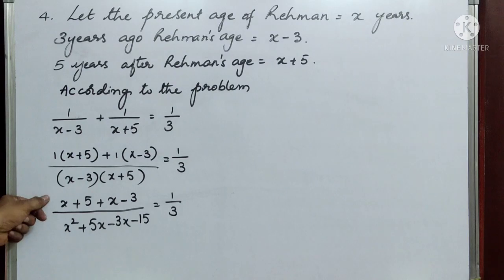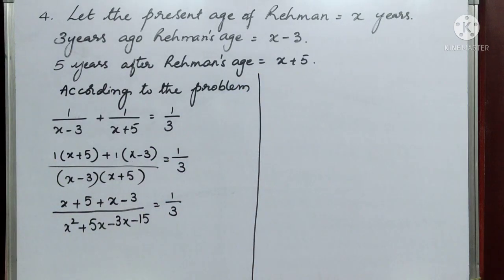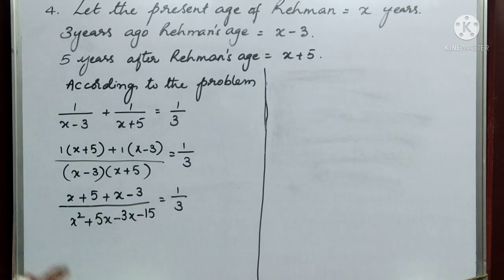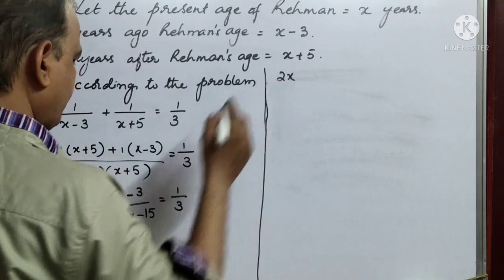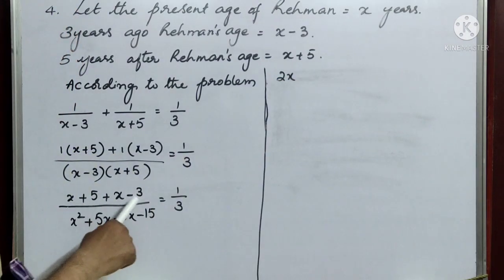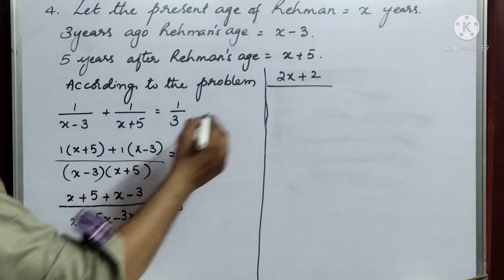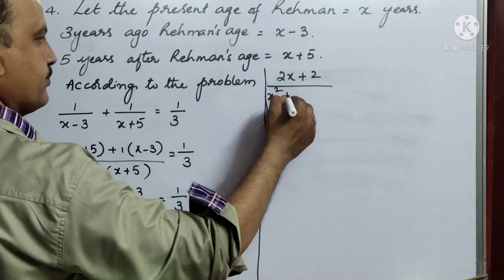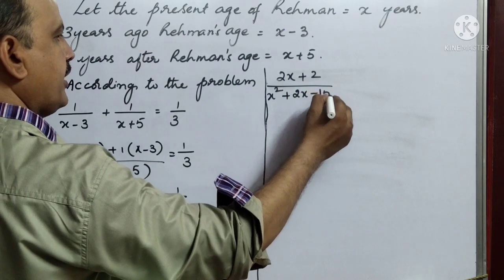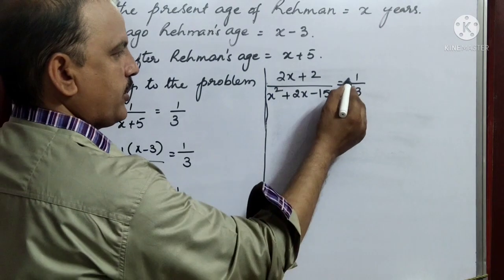Now if you clearly observe here, x plus x is 2x. Okay, I am doing it here, but you don't do it on the side, children. Now x plus x is 2x, plus 5 minus 3. So 5 minus 3 is 2, that is plus 2, equals x square plus 2x minus 15 equals 1 by 3. Now do cross multiplication.